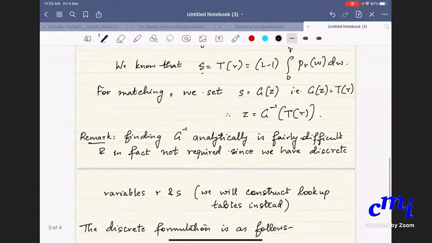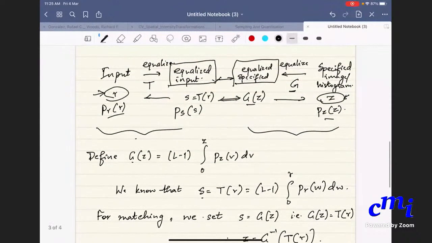Then you compute values of G(zq) for the specified histogram and store these values in a lookup table. Now for every sk, use those stored values of G to find the corresponding values of zq. So you do this matching here, and that will tell you for which value of s you have a corresponding zq. You want sk to be equal to G(zq). So for which z is that happening? You look it up, and match the corresponding r with that z.